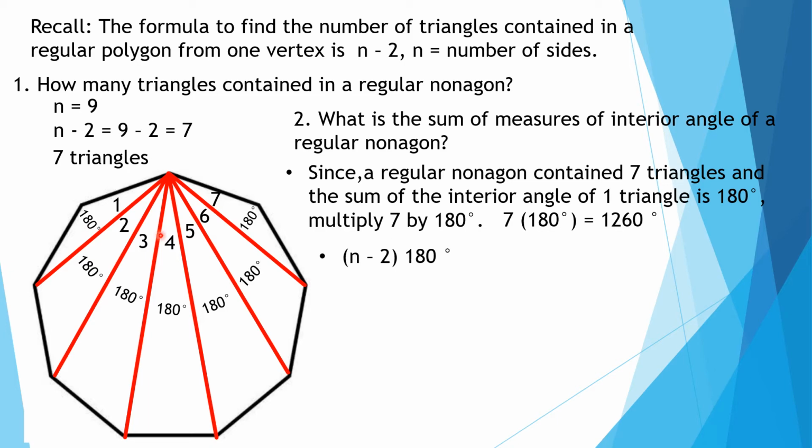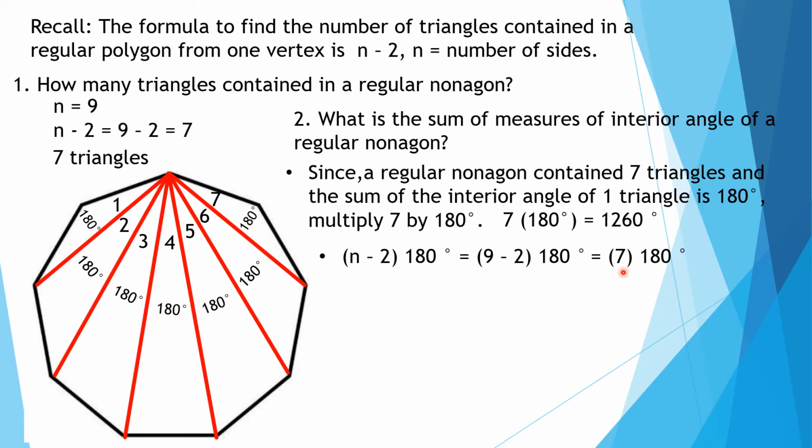Or we can use the formula n minus 2. N minus 2 gives how many triangles are contained in a regular polygon. Then multiply it by 180 degrees. N is equal to 9. So the quantity 9 minus 2 times 180 degrees. 9 minus 2 is equal to 7.